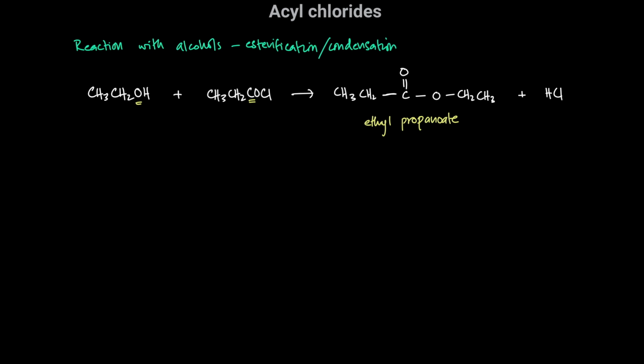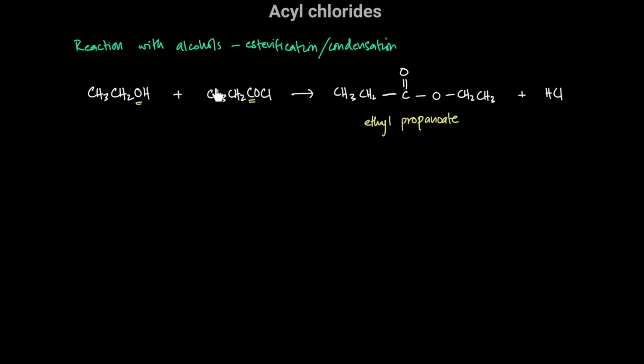Another thing to note here is that when we talk about esterification between carboxylic acids and alcohols, we use an acid catalyst, concentrated sulfuric acid, and we also use heat mildly around 60 degrees Celsius. And we get a reversible reaction when we have carboxylic acids. Acyl chlorides are much more reactive.